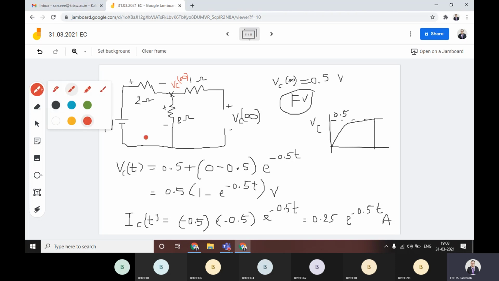If you write current, this expression we can represent the other way, that it is decreasing in nature. It will reach exponentially to 0 value as t is increasing, in both the cases. This is the current case, but the maximum value is equal to 0.25 here.